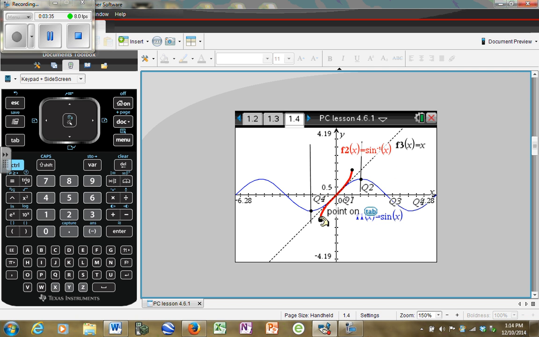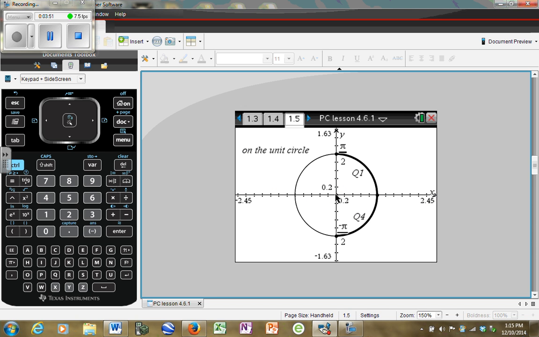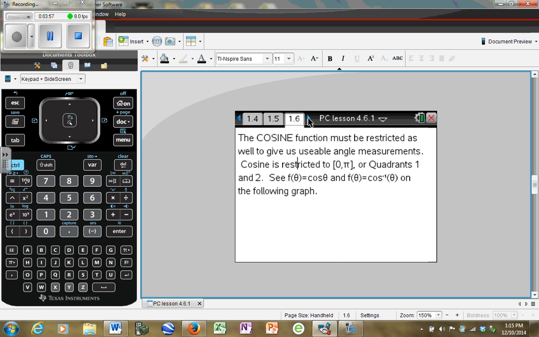Here and here are inverses of each other. So if I plugged in a ratio value like 1/2, I would find the angle measurement somewhere on that red line that corresponded to that. If we're looking at the unit circle, we're looking at quadrant 1 or quadrant 4 for our values.